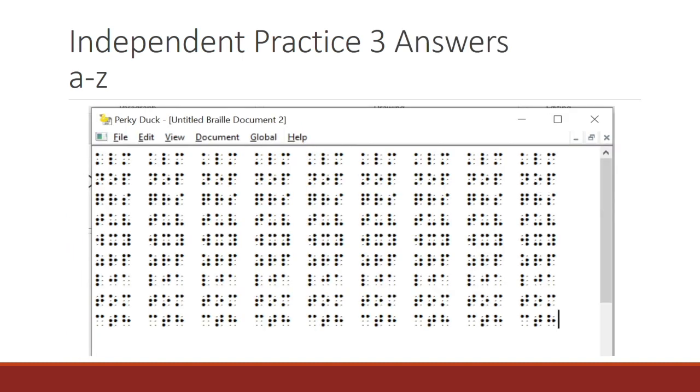Here are the answers in Braille font for independent practice 3. The letters are the same as the previous page.